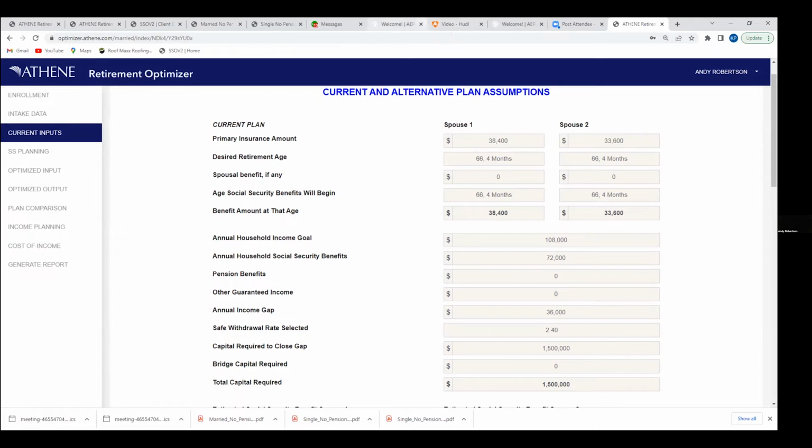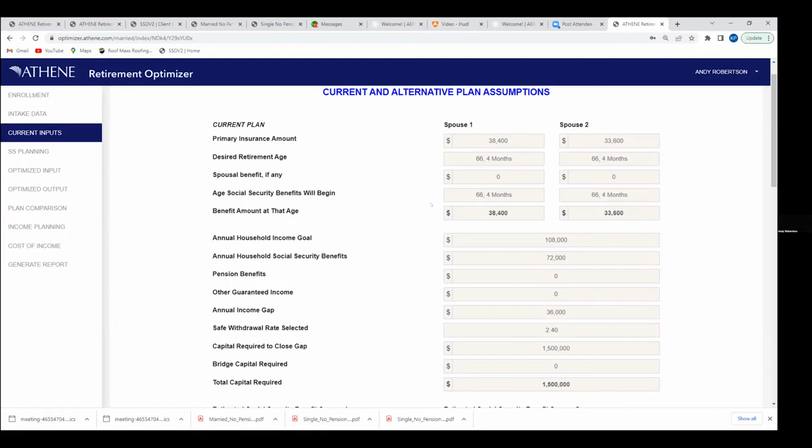So their desired retirement age is 66 and 4 months, which is their full retirement age. There's no spousal benefit due because there's no disparity between half of the higher benefit and all of the smaller benefits. That's why it's a 0. And for many people, when they intend to retire and when they intend to take benefits can be different. In this example, we're going to assume it's the same age.